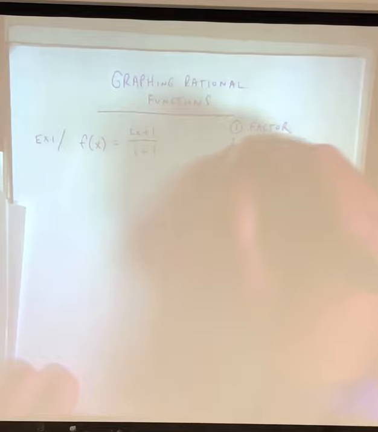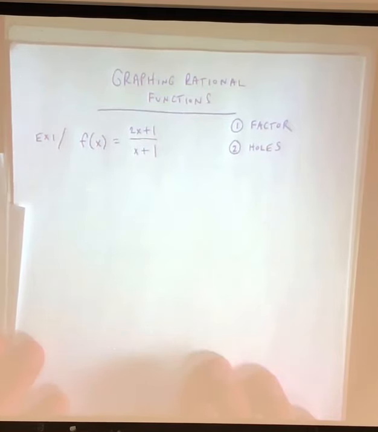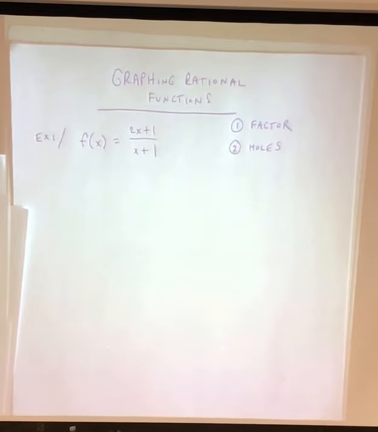The second thing we're going to check is, in our graph, are there going to be any holes in the graph? Well, how do we determine if it has a hole or not? Here's what we do.